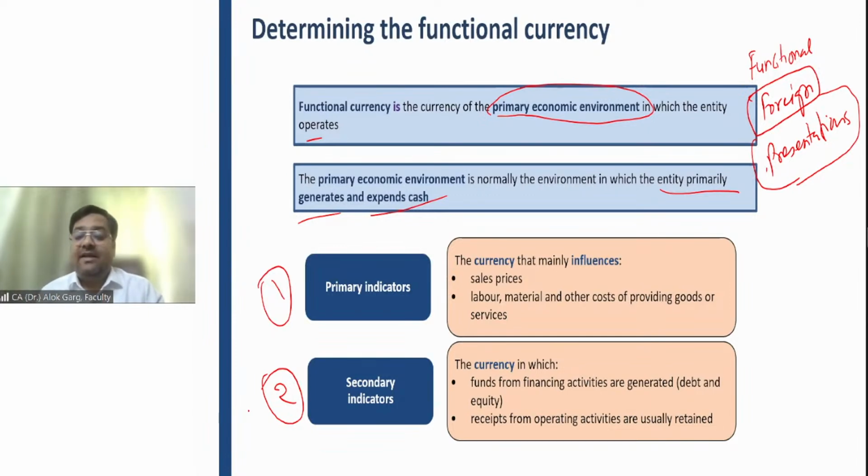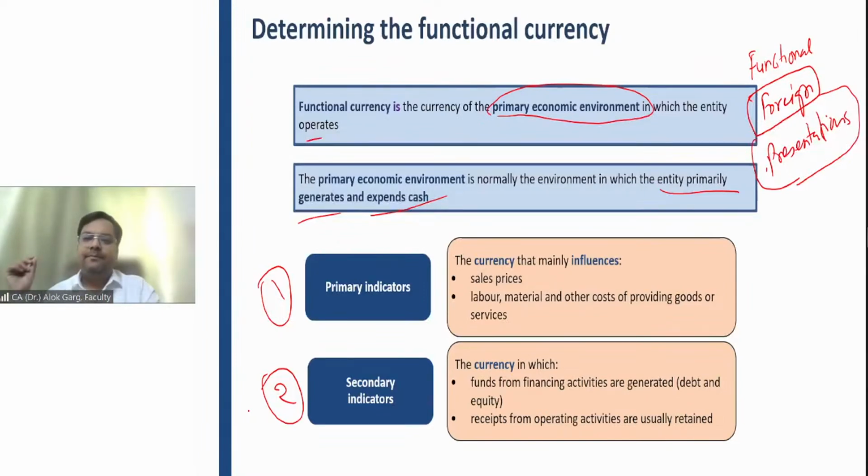So the standard says that then you have to look at the secondary indicators. What are the secondary indicators? The secondary indicators are the third condition. You need to look at in which currency the entity is generating funds from financing activities. Funds from financing activity means in which currency the entity has raised capital, or has got finance in terms of debt.